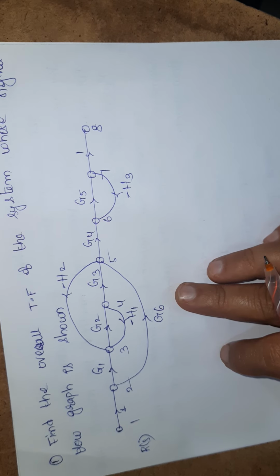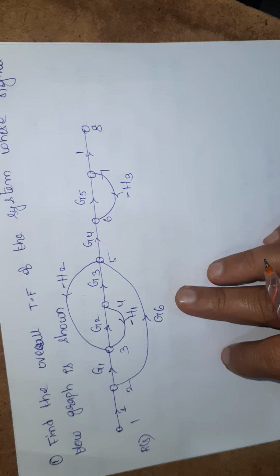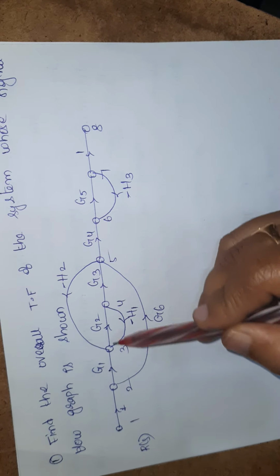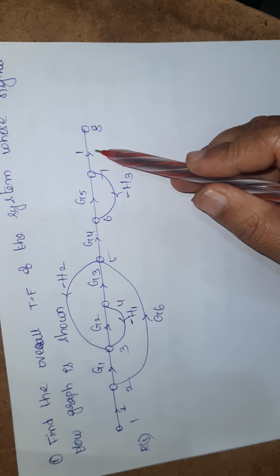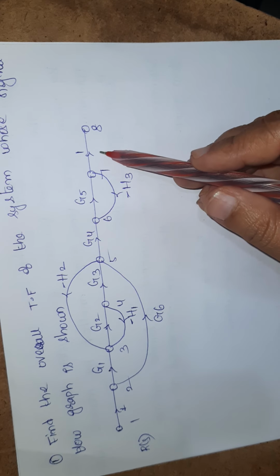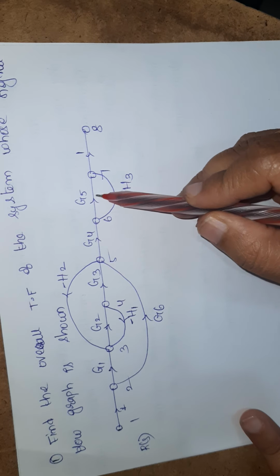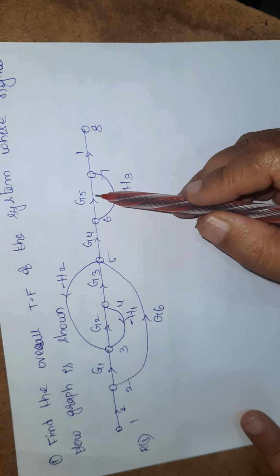First we have to observe how many nodes are there. Here 1 2 3 4 5 6 7 8, total 8 nodes I am having, and G1, G2, G3, G4, G5 are nothing but gains.